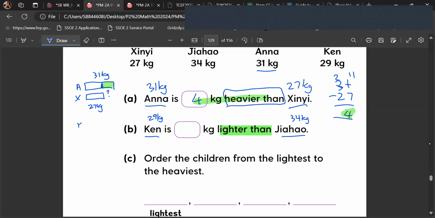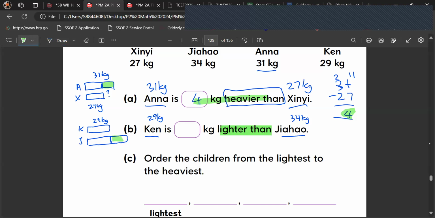So Ken is shorter than Jia Hao because Ken is 29 kilogram. But Jia Hao is a longer bar. Jia Hao is 34 kilogram. Again, you are asking how they are not the same?